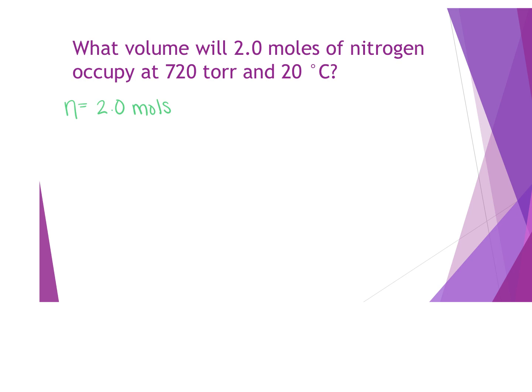What's the next number you see? Okay, 720 torr. Any guesses what torr represents? Pressure. Good, pressure. So P is 720 torr. And then what's the next number you see?